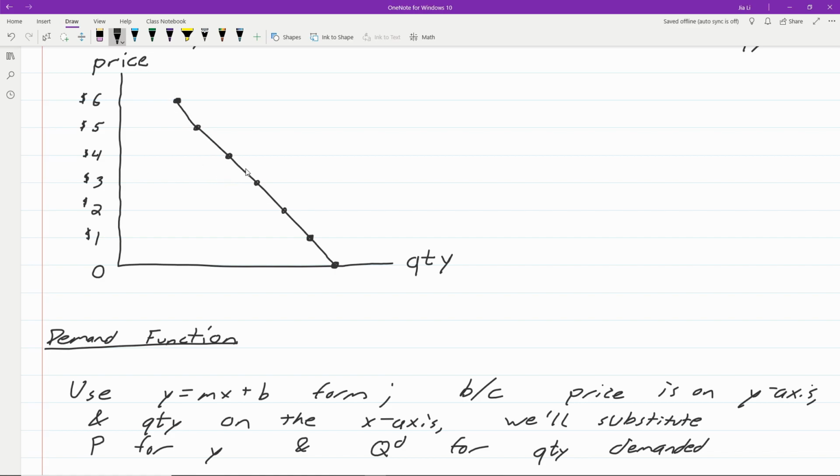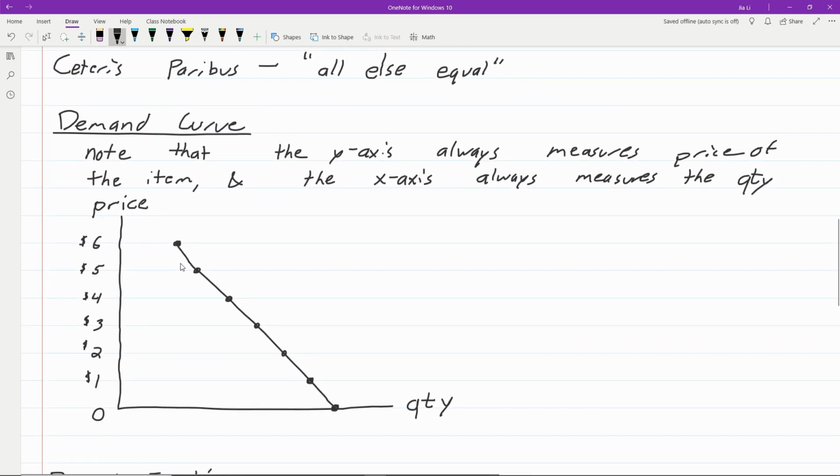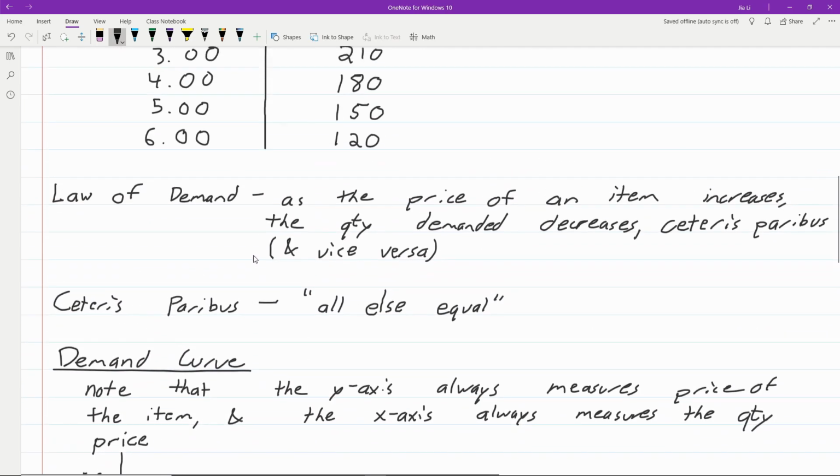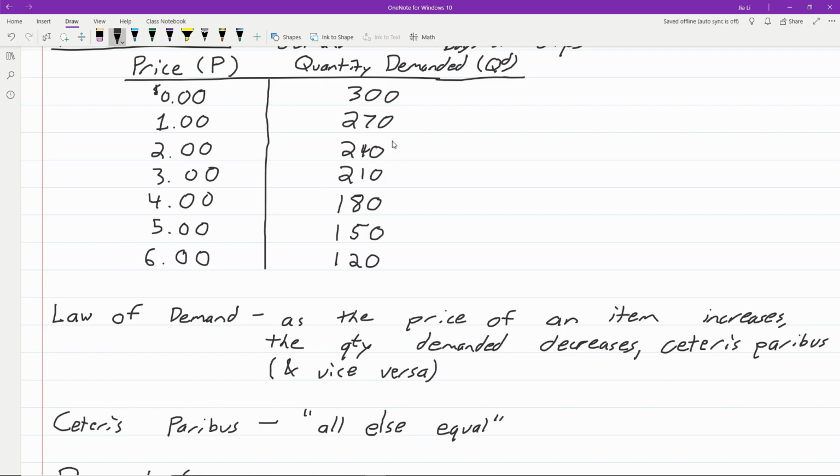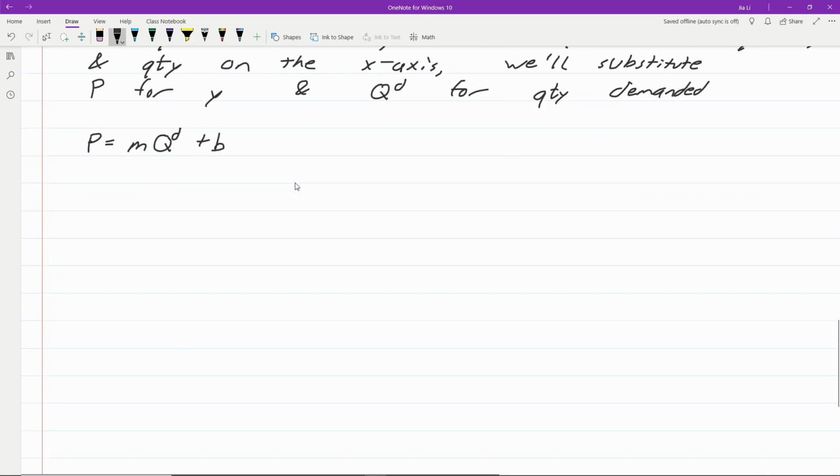We pick any 2 points on the straight line, and then we can calculate the slope, right? Fortunately, the points on the straight line are given in this table. So we can just pick any 2 rows of the price and the quantity on the table and use that to calculate the slope.